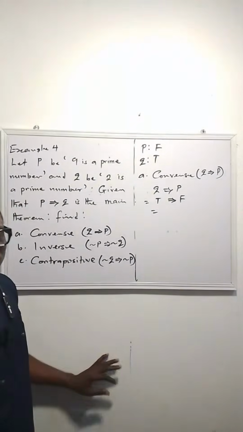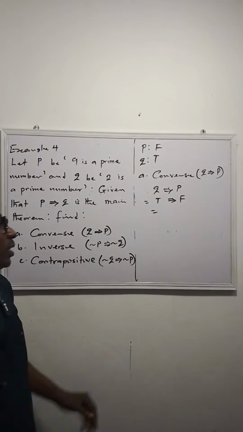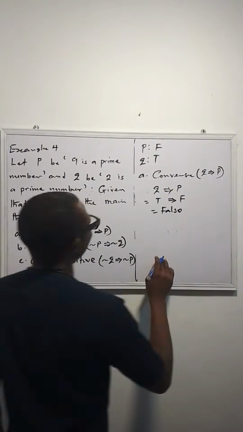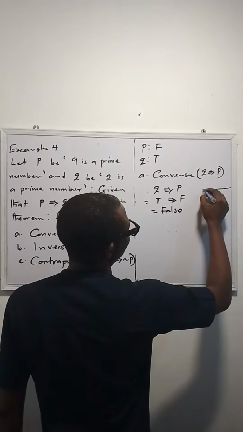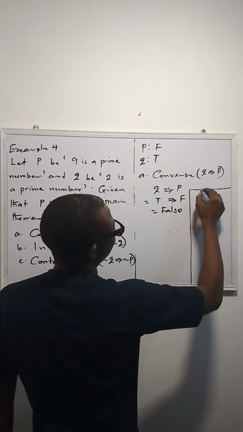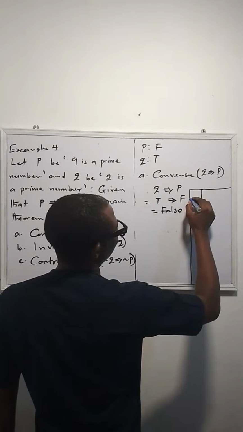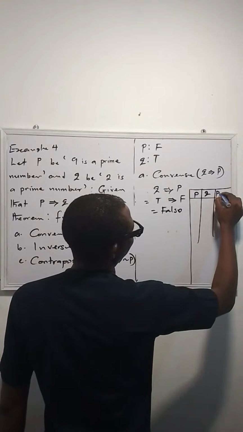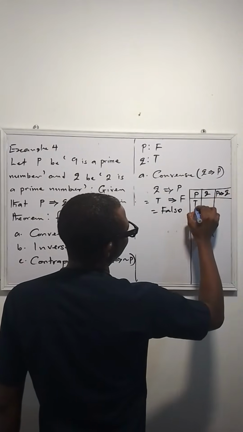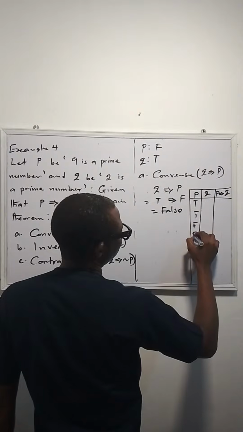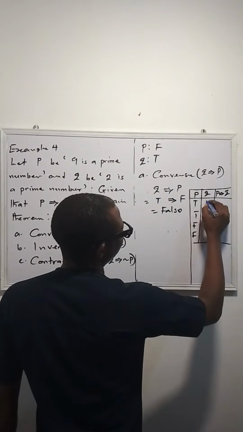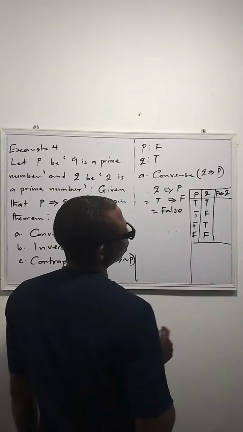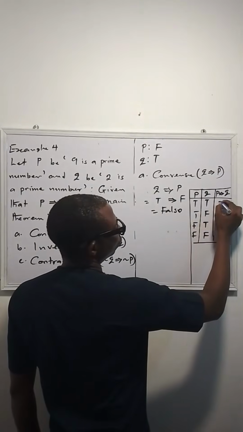If you check your table very well, you will see that the answer is going to be false. I'm going to give you the table just to remind us. We have P, Q, and P implies Q. We have true, true, false, false for P, and true, false, true, false for Q. True implies true is true.